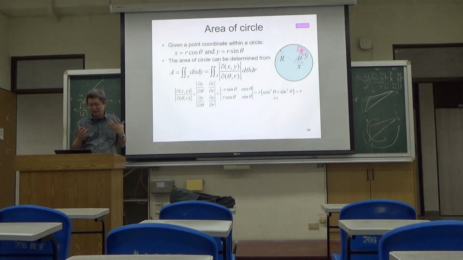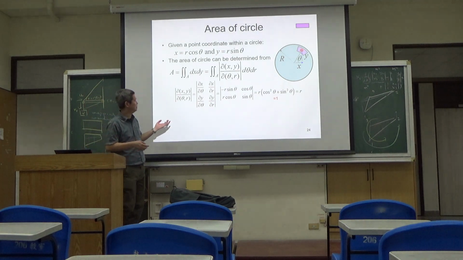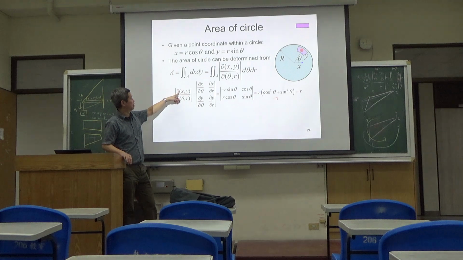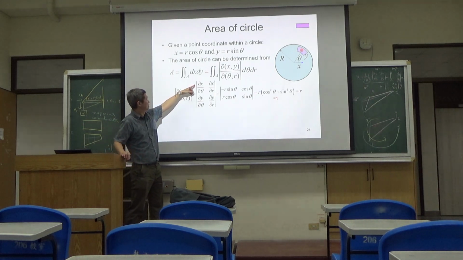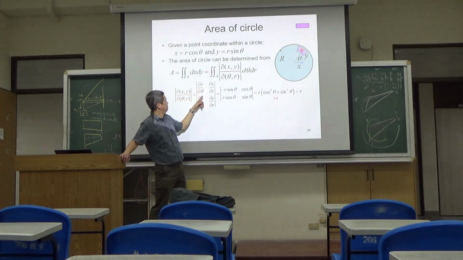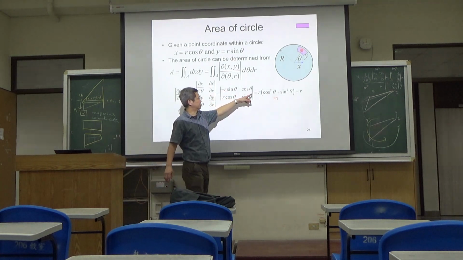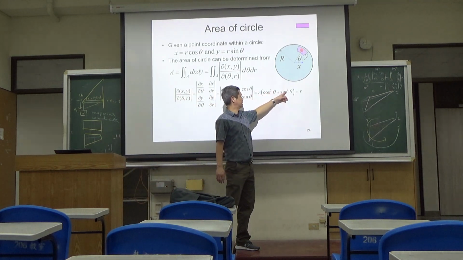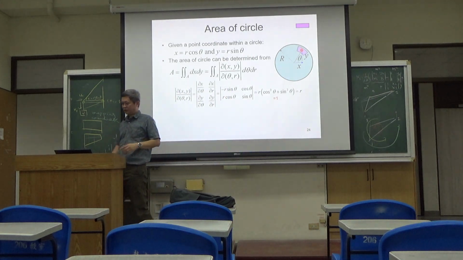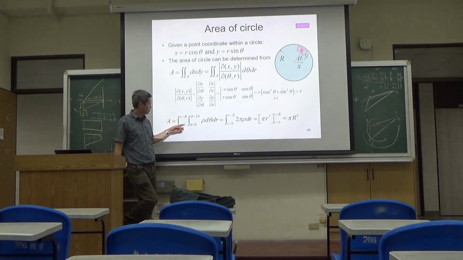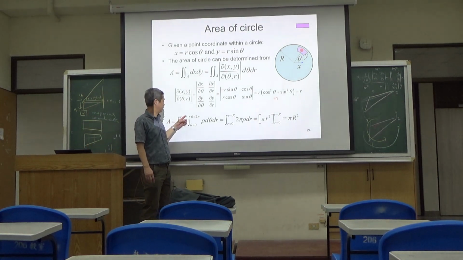But rather than using Cartesian coordinate, if you are using radius and angle, your Jacobian will become del x del theta, del x del r, del y del theta, del y del r. This is simply this expression. This is r cosine squared theta sin theta. Then now you can obtain simple expressions by integrating from radius equal to 0 to radius equal to capital R.